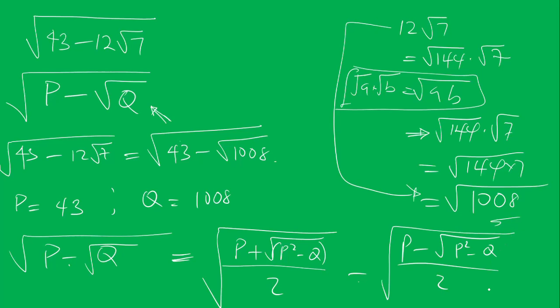This minus is because of the minus here. So in part 1, I proved this formula. This is the formula we're going to use. Having known the value of p and q, we're going to substitute into this formula.